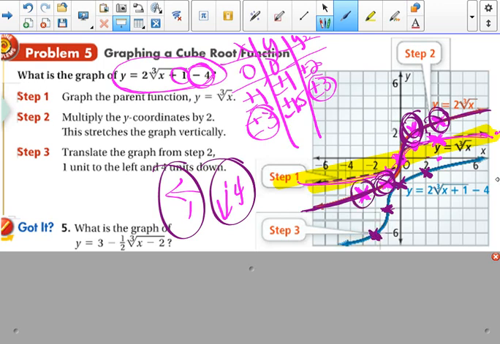And the next one, we're going to go back 1 and down 4. And it's there. So now the final image of our translation, and we've just got a piece of it because we've got a small chunk of a graph that we're showing, is this bottom one right there. Okay?